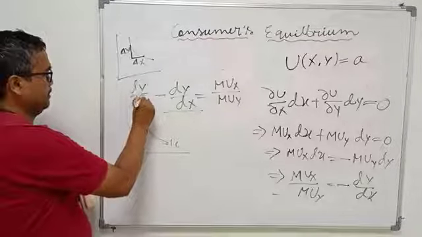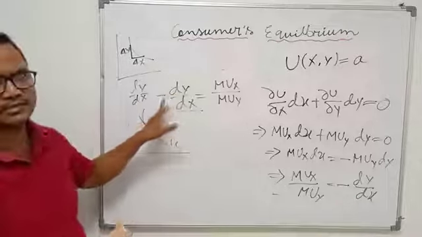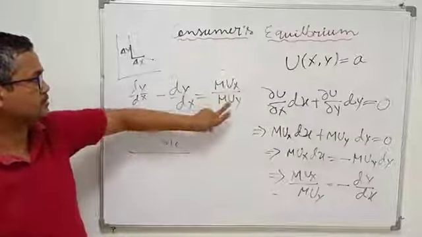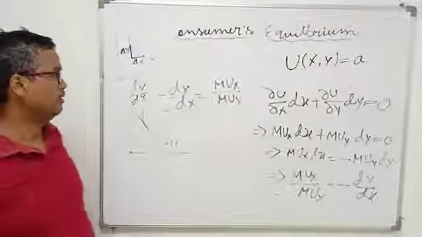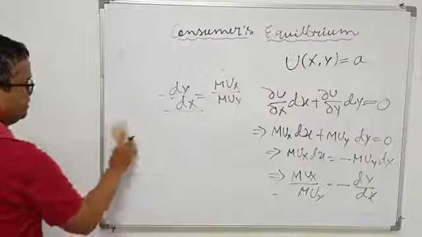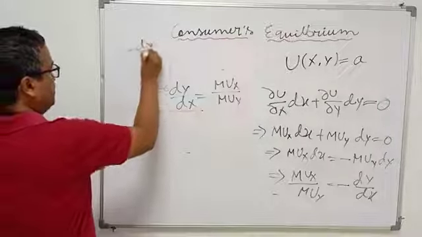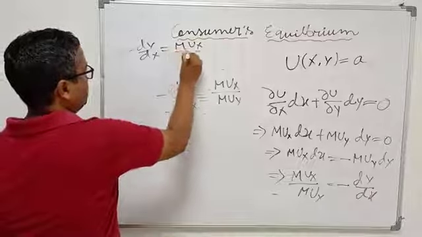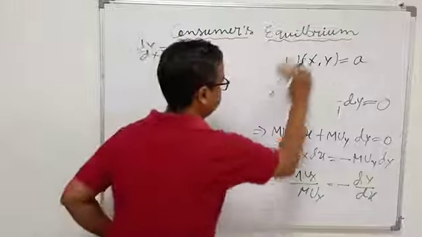So dy by dx is nothing but the slope of the indifference curve, which is equal to the ratio of marginal utility of X by marginal utility of Y. Now you have to remember these things. I am writing here dy by dx and marginal utility of X by marginal utility of Y.